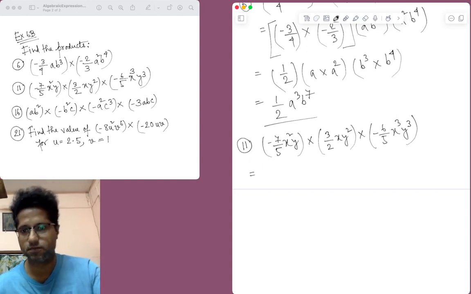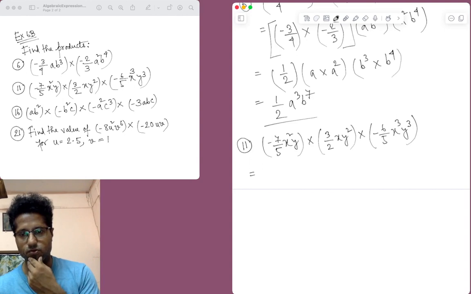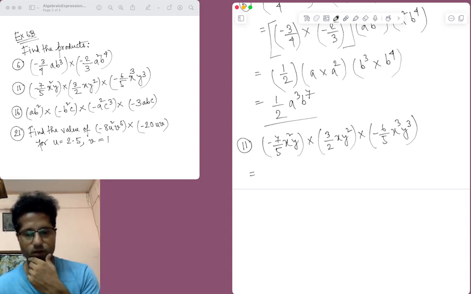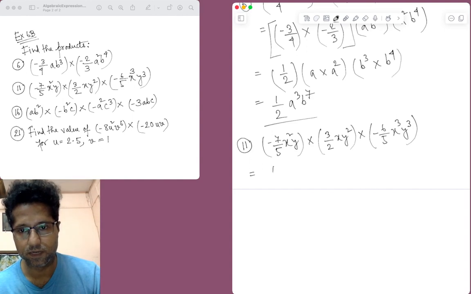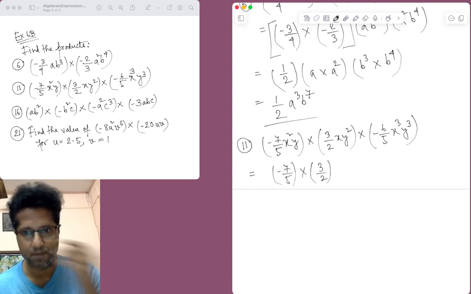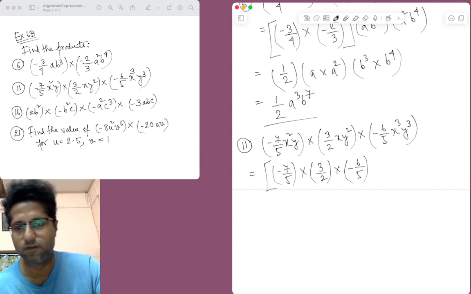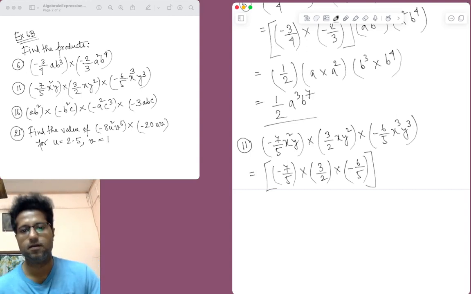So we have 3 terms here. The final coefficient of the product will be the product of all the coefficients. So let's find the product of all the coefficients. The coefficient of the first term is minus 7 by 5, the coefficient of the second term is 3 by 2, and the coefficient of the third term is minus 6 by 5. This will be the coefficient of the final product.